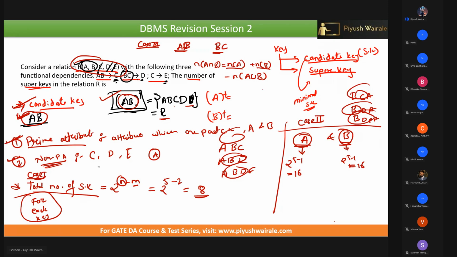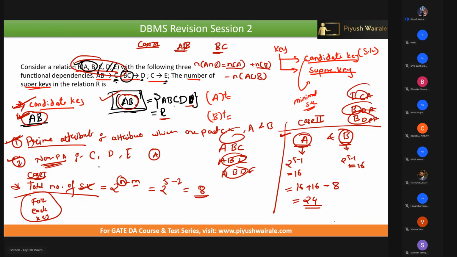It means I have two attributes. So first using A, second using B, minus using both A and B, that will be 8 here, we know, right? So in total, 32 minus 8 will be 24 as the number of super keys for this particular case, right?